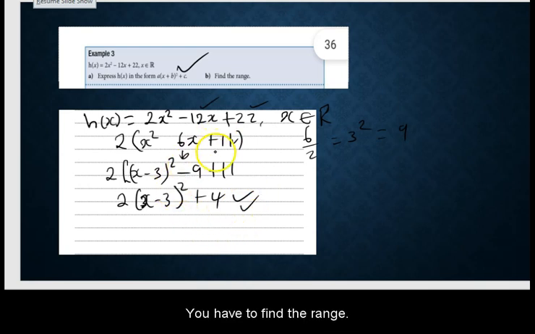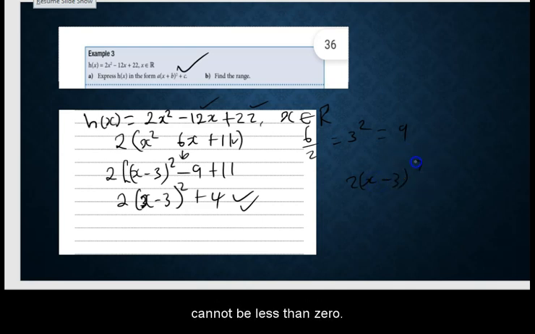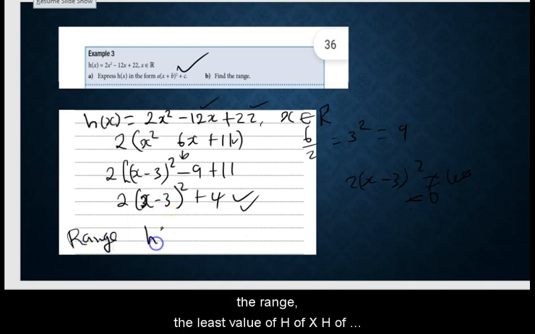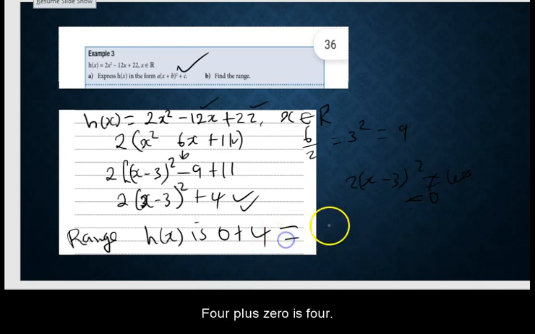B, you have to find the range. The range, we can use 2 into x minus 3 squared cannot be less than 0. So if it cannot be less than 0, the least value of h of x in terms of the range is going to be 0 plus 4 that we have, right? 4 plus 0 is 4.